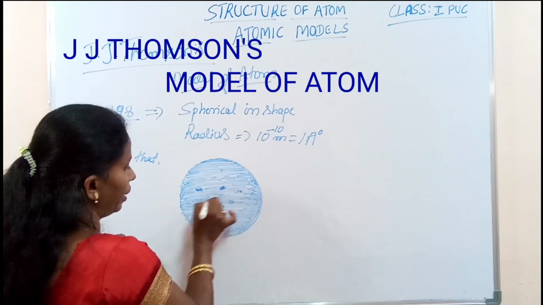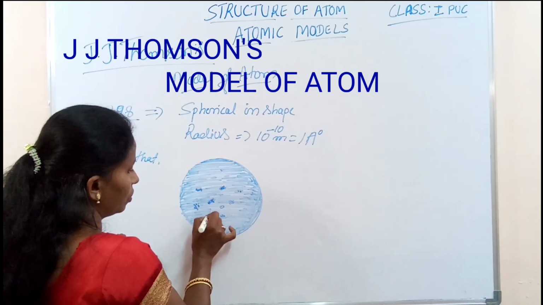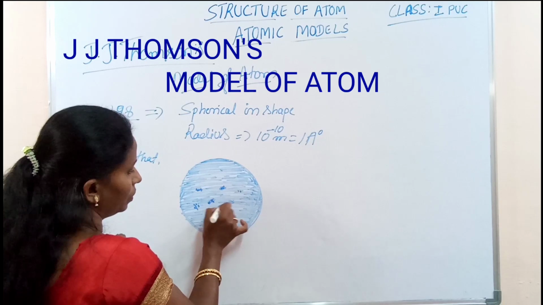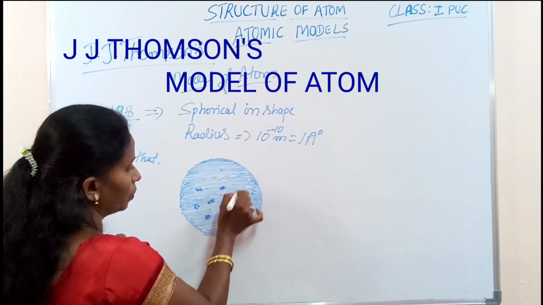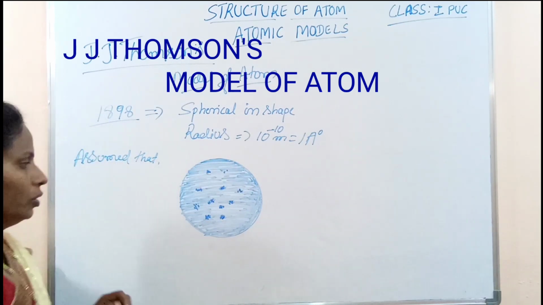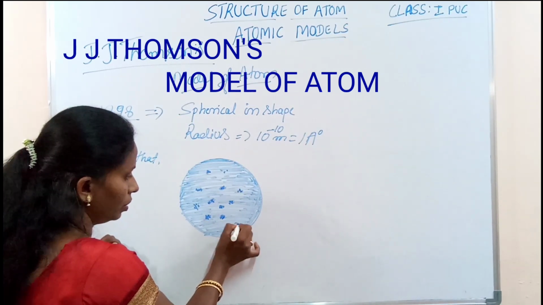These are the electrons, so that they could maintain electrical neutrality. So this is J.J. Thomson's atomic model.